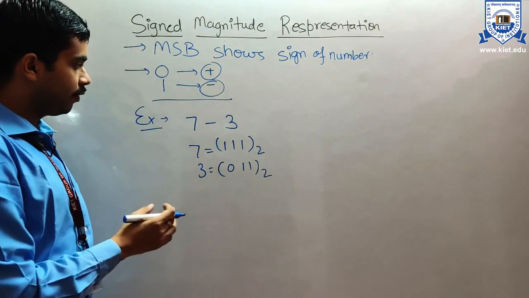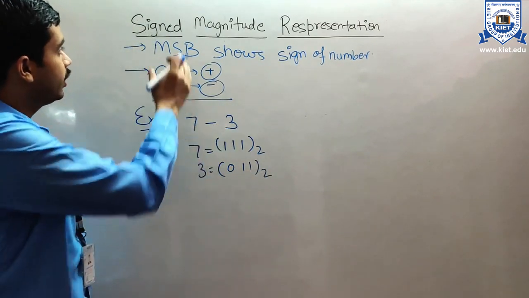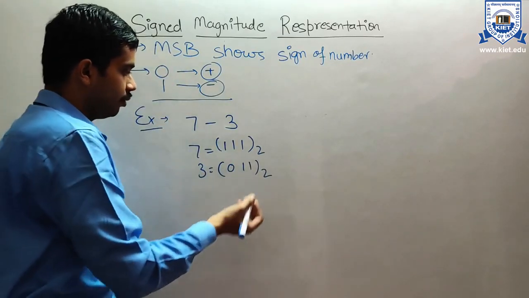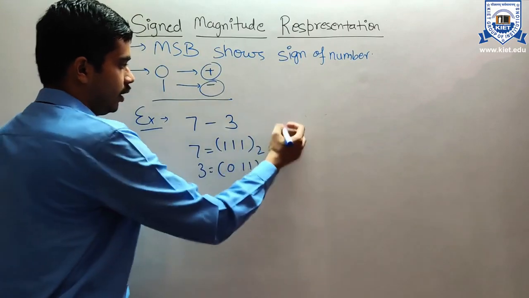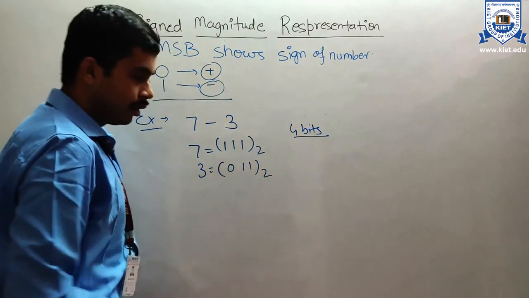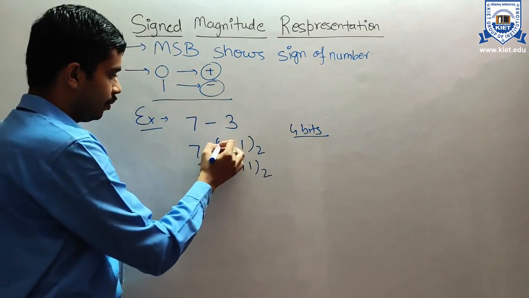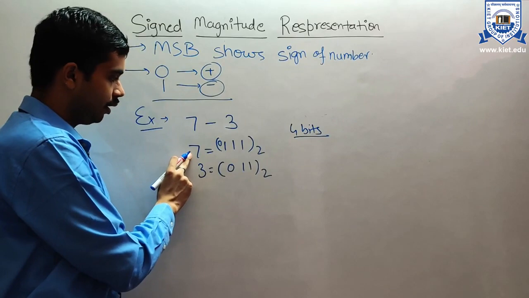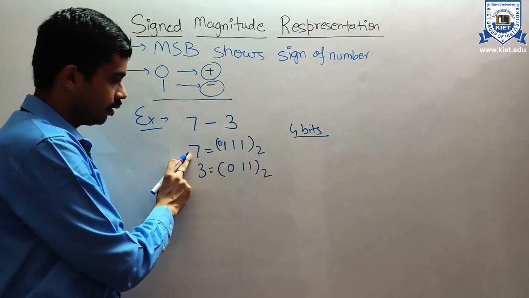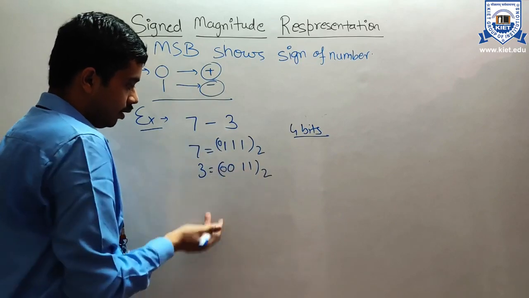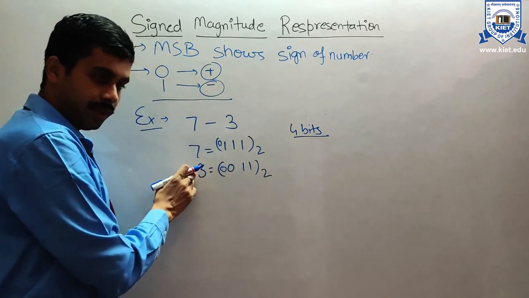If we have to perform this subtraction using sign and magnitude, let's suppose we use a 4-bit system. So the fourth bit will be 0 in this case, because we are going to have a plus sign here, and there will be 0 because it is plus 3.